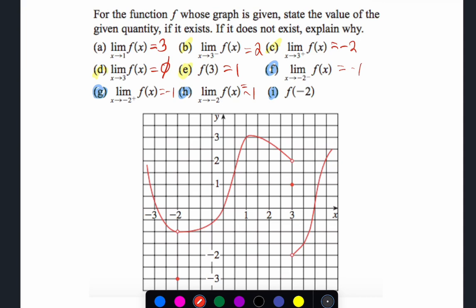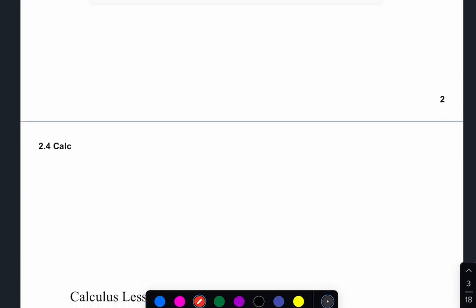But because it's a limit, you're going from both directions. So you'll notice that f of -2 is defined down here at -3.